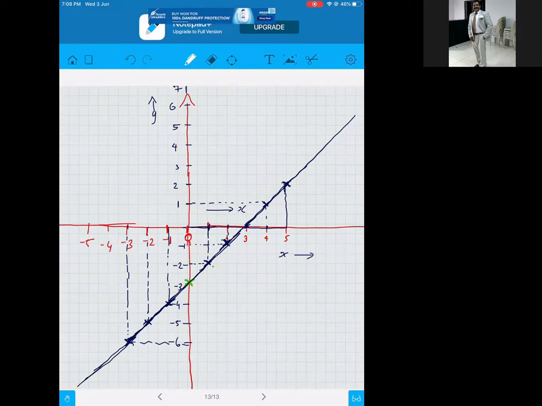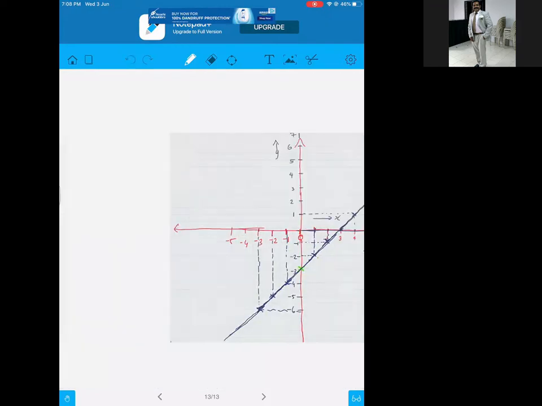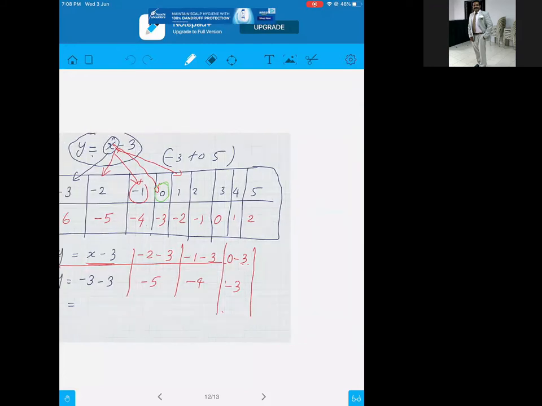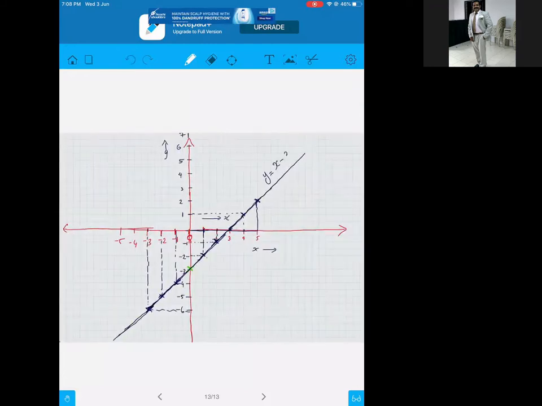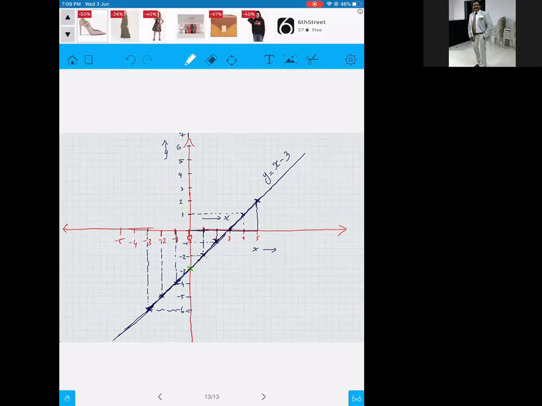So this is the graph for the equation y is equal to x minus 3. Does it make sense? Yes.